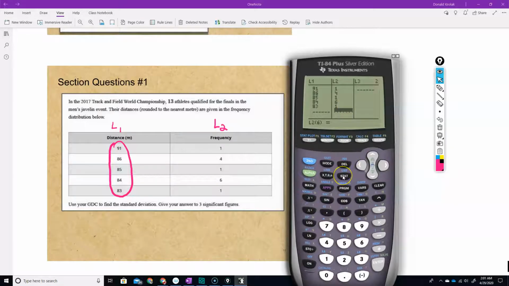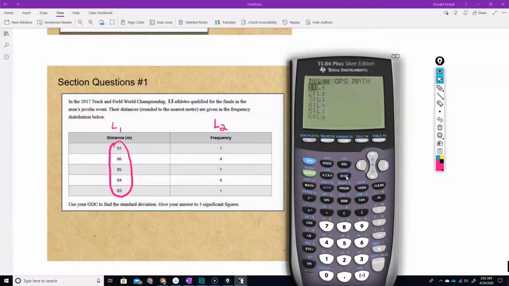Okay, and then it's simple. Stat, calculate, one variable statistics. Now, list 1 has our distances in it, so I'm going to go second list, change that to list 1. Now my frequency list is in 2, so now I'm going to fill in list 2 there.